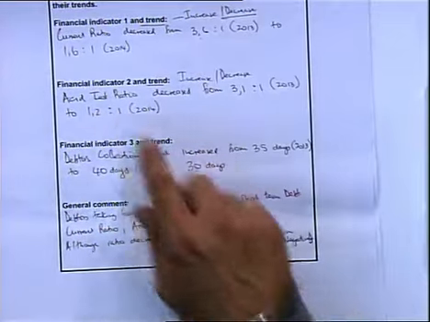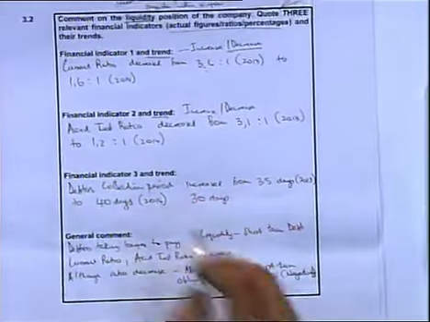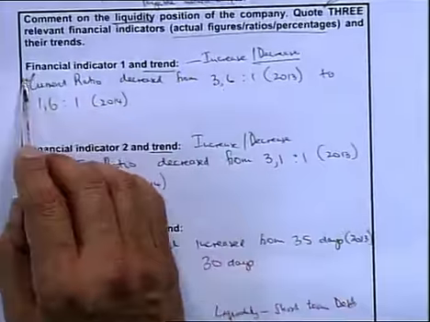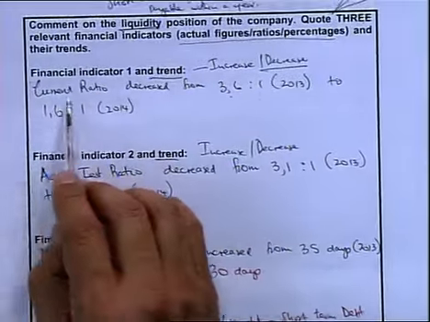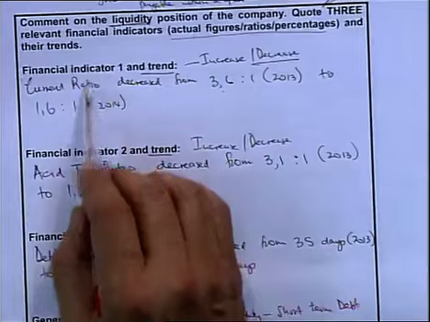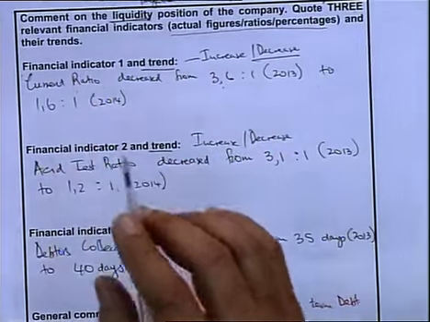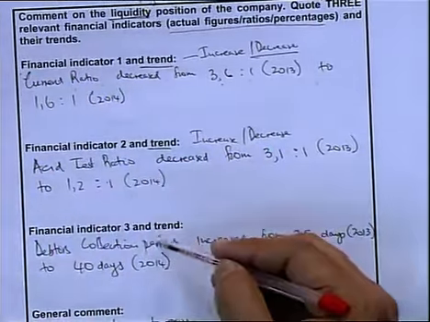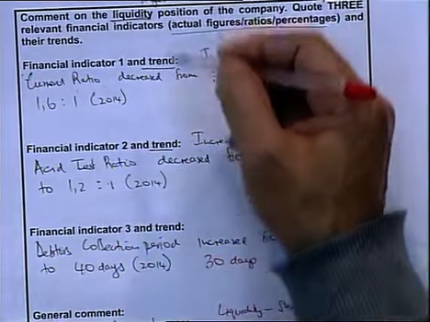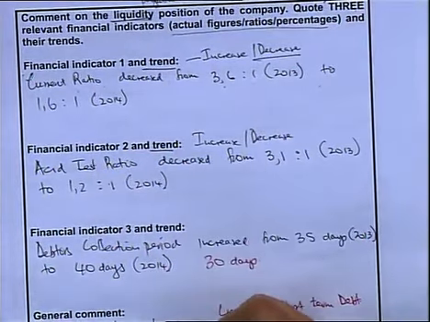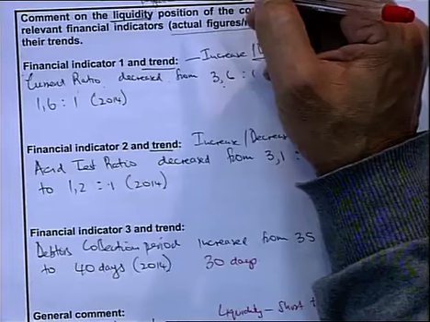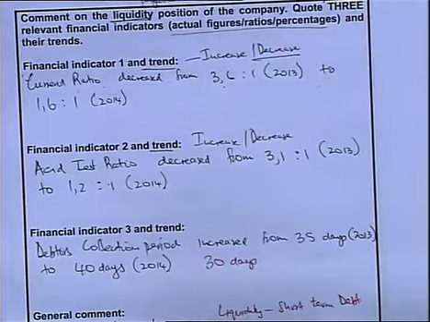Please, it's very important. You never just talk about it. You always mention the financial indicator. We don't say it increased. You mention the financial indicator. You mention current ratio, acid test ratio, debtors collection. If it's liquidity, I'm talking about short-term obligations. Okay? If it's solvency, they're talking about long-term obligations.